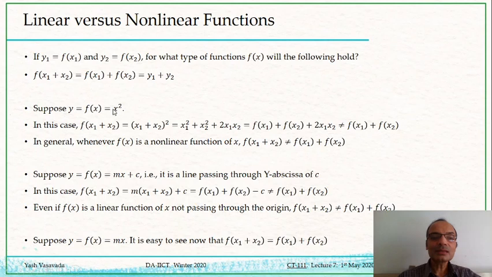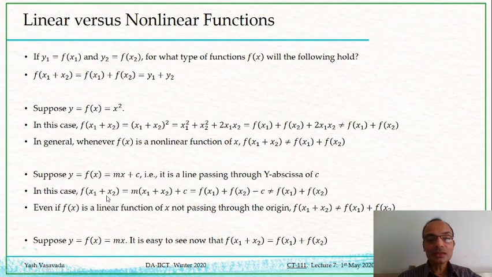And it makes sense. y equal to x squared is not a linear function. What about y equal to mx plus c? You will say that now this is a linear function. It's pretty much the equation of a line, which is passing through the y-axis at the coordinate c. But technically, even this equation does not follow the requirement that f of x1 plus x2 should be f of x1 plus f of x2.